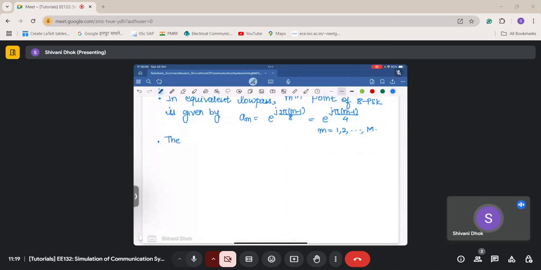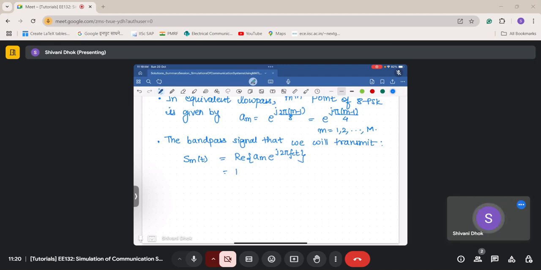So the bandpass signal that we will be transmitting will be s m of t equal to real part of A m into e power j 2 pi fc t, which is equal to real part of e power j pi by 4 (m minus 1) into e power j 2 pi fc t.